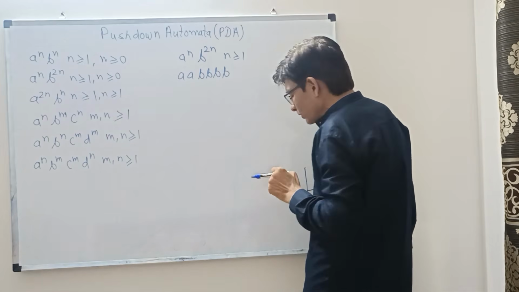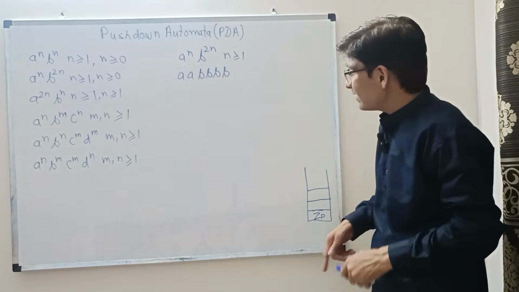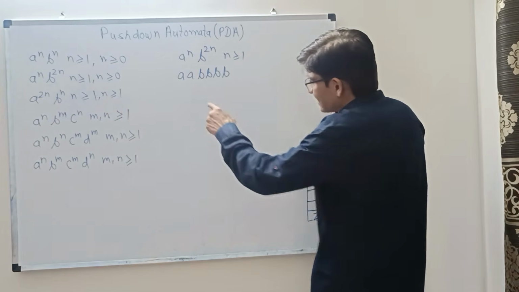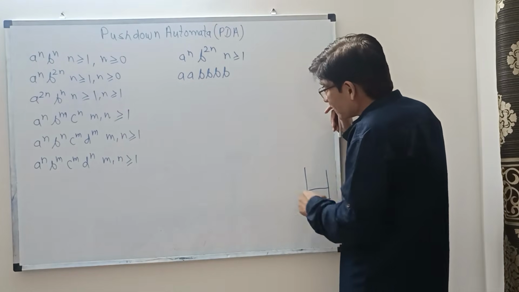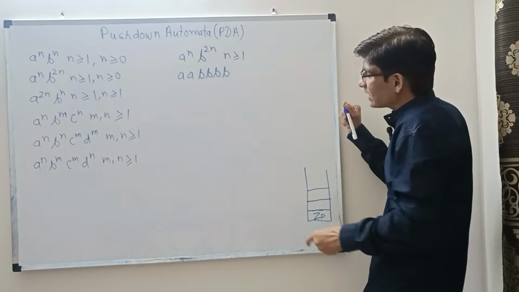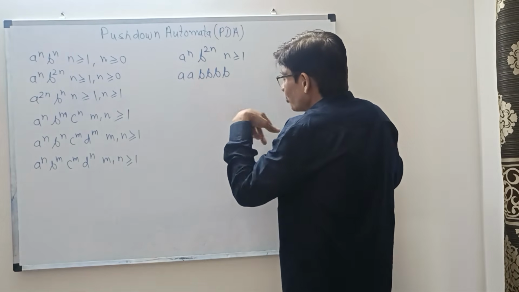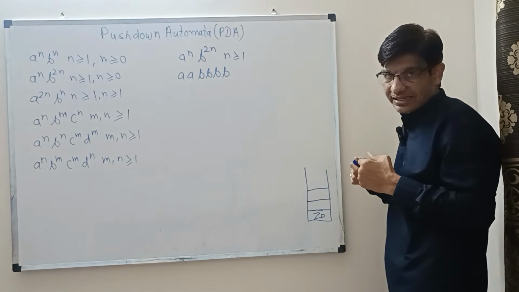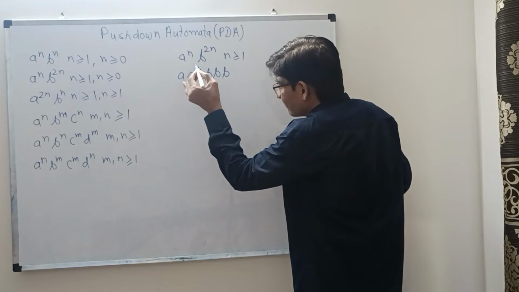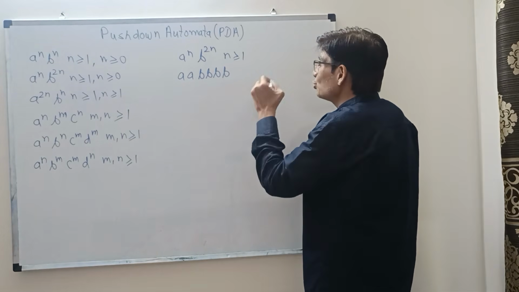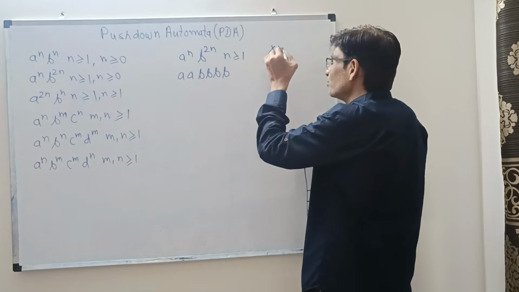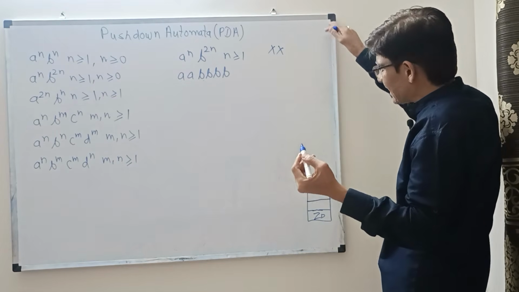So what we can do, as I told you, friends, is push more than one symbol at a time into the stack. For each A, we will push 2x into the stack, and for each B, we will pop 1x from the stack.